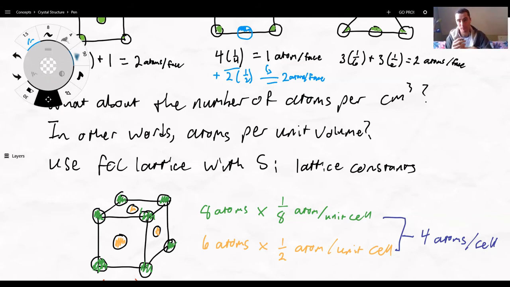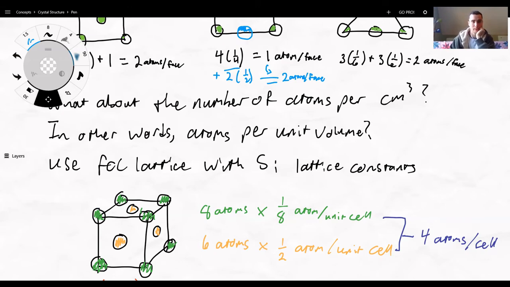And that'll be really, really important when we get into dopants and looking at, okay, how many dopant atoms do we actually need to make a big change to how our crystal behaves? So we want to know not only the number of atoms per face, which can tell us about the chemistry, but also the atoms per unit volume, which can tell us about the fundamental properties and how we can alter the properties of a bulk crystal.